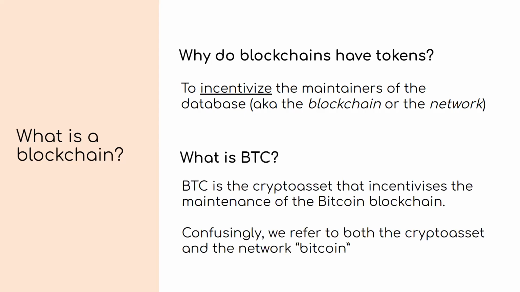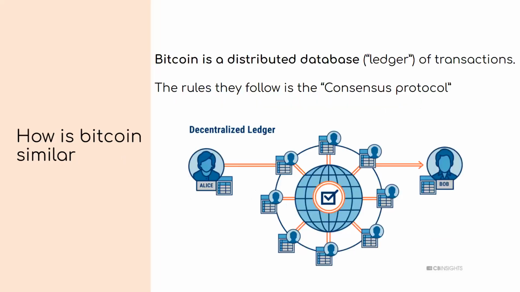Bitcoin is generally a crypto asset, and this is what is used to incentivize people to maintain the blockchain network. It's quite a common misnomer that people refer to the blockchain and the asset by the same name, but the thing that makes Bitcoin possible is this network or blockchain, basically.